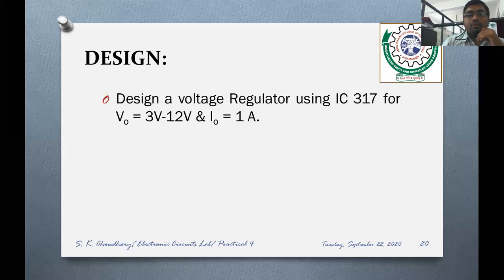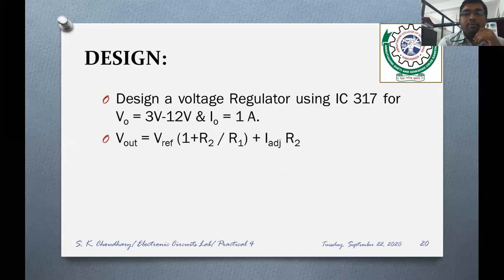First of all, we have to recall our formula: V out is equal to V reference into 1 plus R2 upon R1, plus I adjustment times R2. We know that I adjustment is 100 microampere. V out is given, V reference is 1.25 volt, I adjustment is given, so we only have to find out R2 and R1.